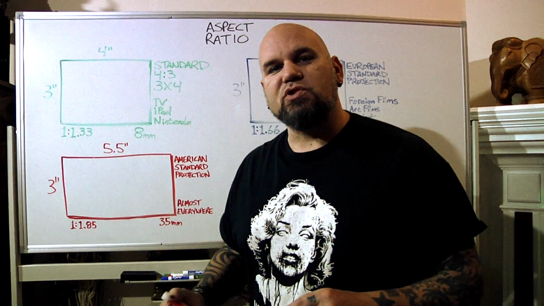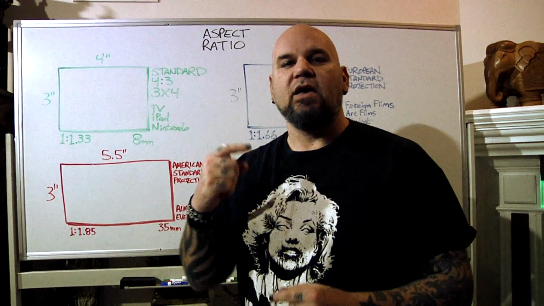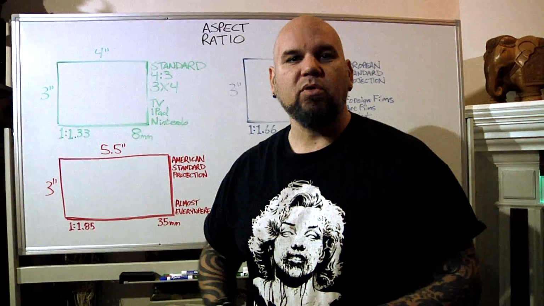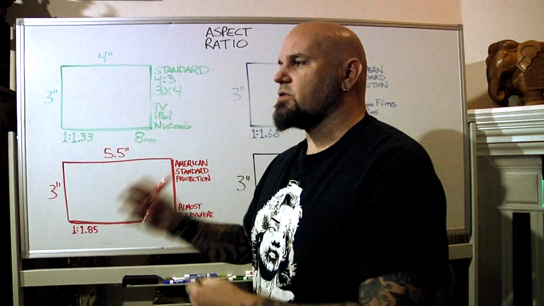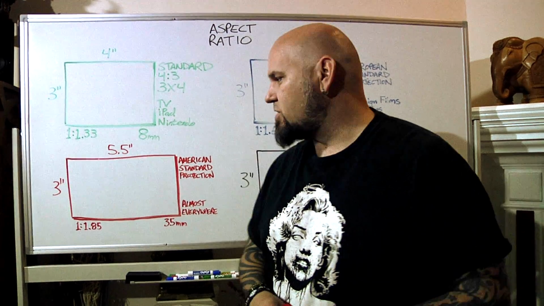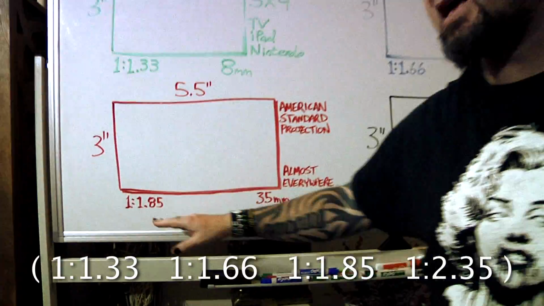There is a difference between what creative types will refer to with aspect ratio and what people that work in screen industries refer to. So for example, if you're working in film or television or animation, whenever you're referring to aspect ratio, you're going to use this format right here, 1:1.85.